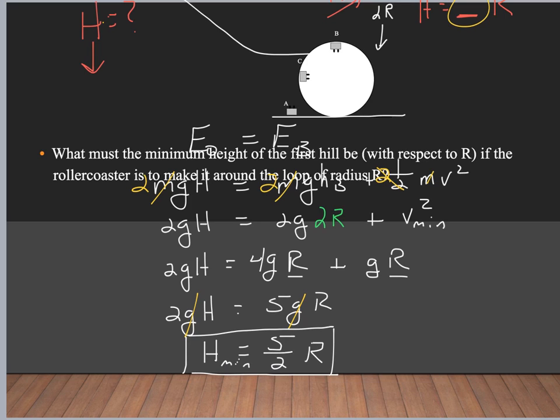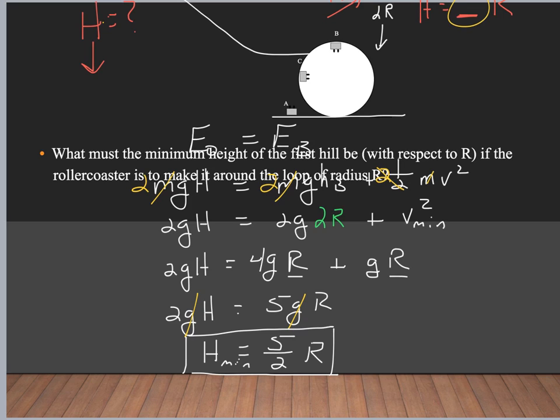If you don't have that height in relationship to the radius of the loop that you want to go through, it will not go through that loop. All right? So if the radius of that loop was 10 meters, right, you would have to start with a hill that was at least 25 meters high.